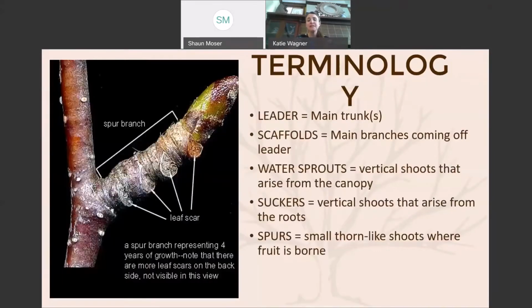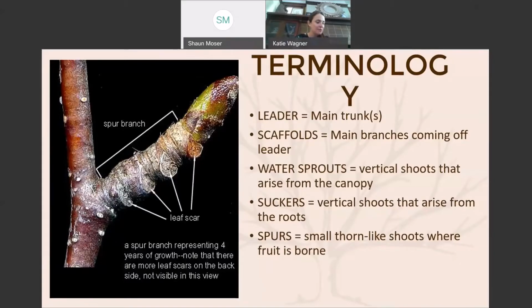Peaches and nectarines, we'll take a look at this in a minute, but they're different. They do not bear on fruiting spurs. They bear fruit on year-old wood, so last year's wood. If you look at the canopy of a peach or a nectarine, you have an orangey cast or coloration to that year-old wood, and that is where the peaches and nectarines are going to bear on that tree.